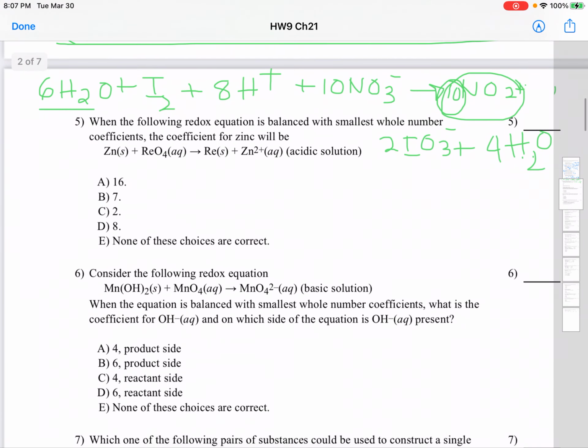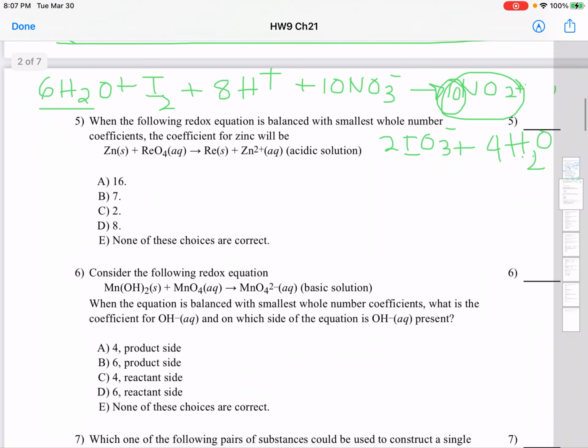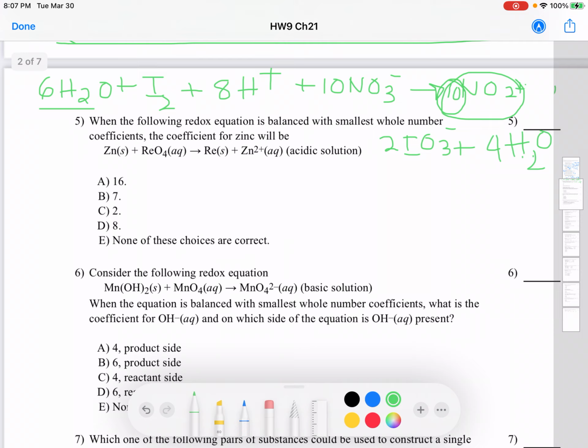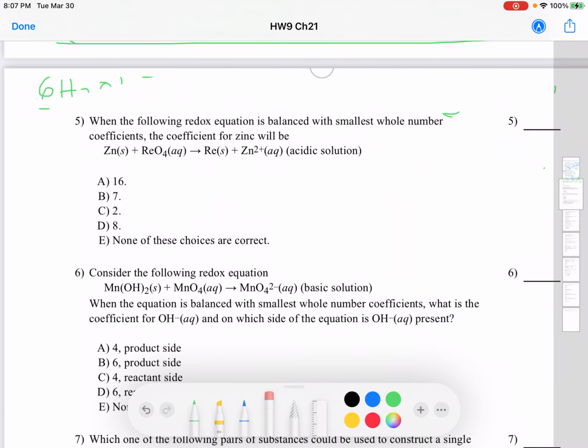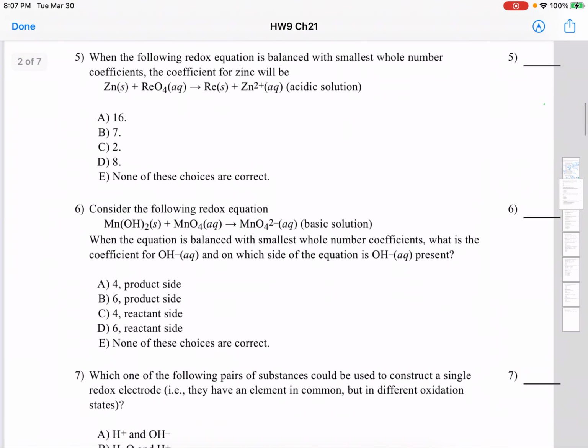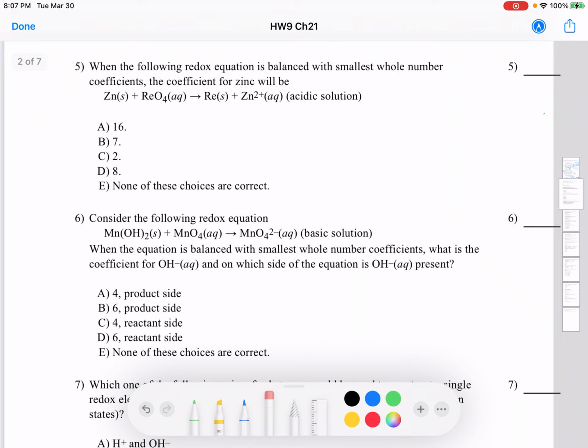Number 5. When the following redox equation is balanced with smallest whole number, the coefficient for zinc will be, let's see here. So here zinc goes to zinc 2 plus.